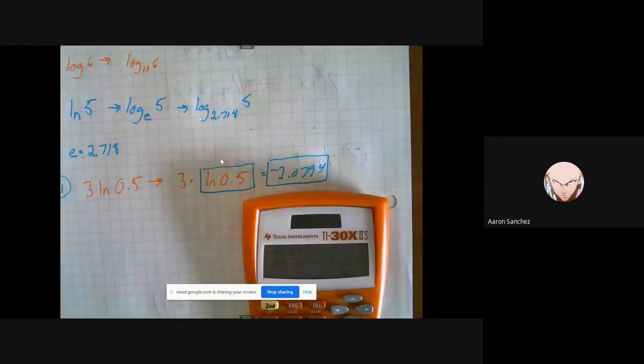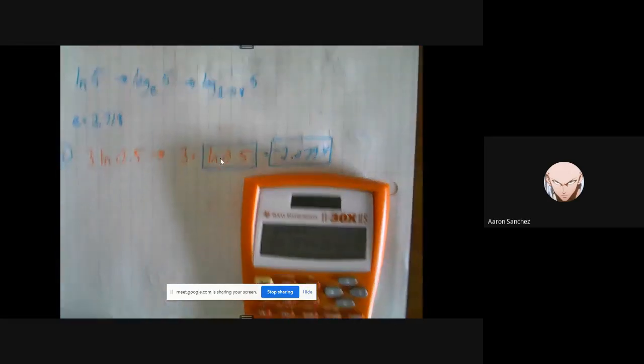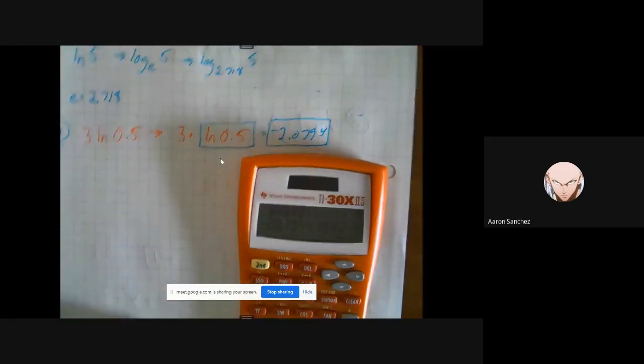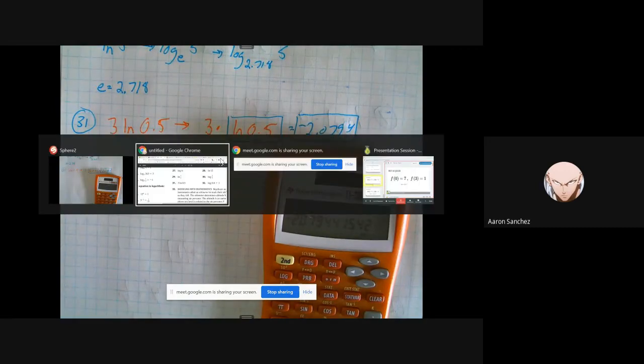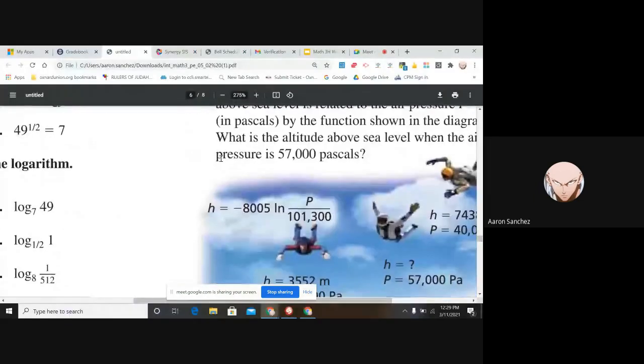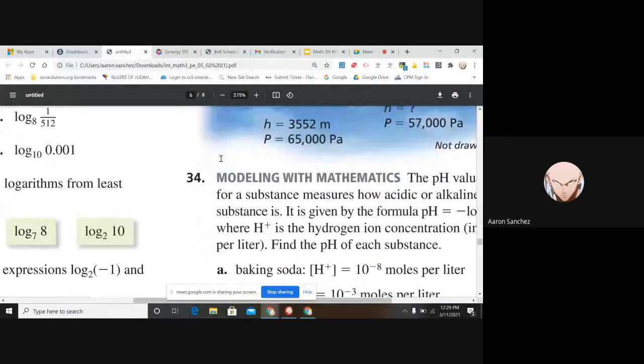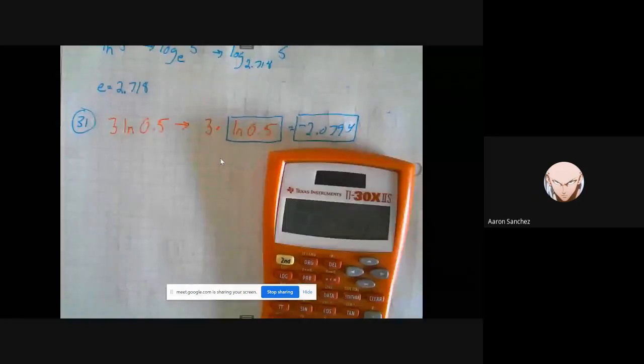Any questions on 31? 31, 33, 35. 35 is next. No questions? Did I go too fast? I'm going to leave this here for 10 more seconds unless someone needs it.